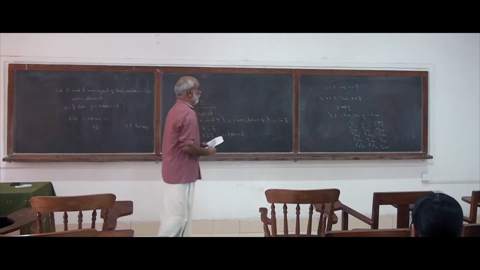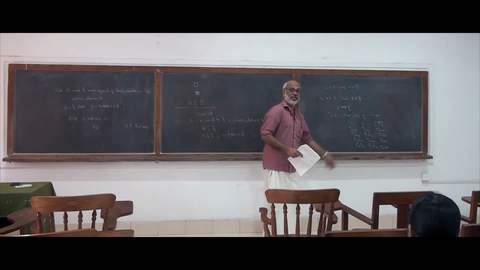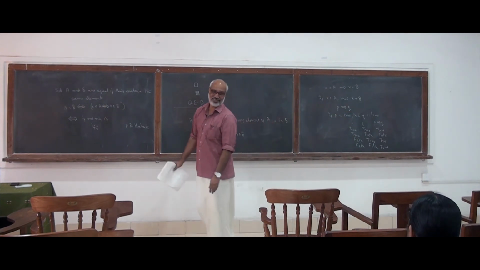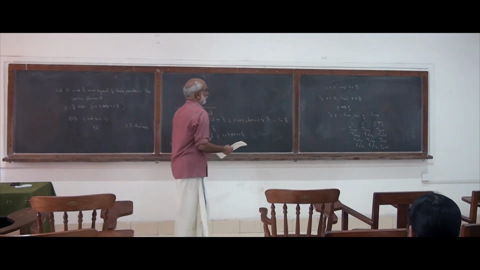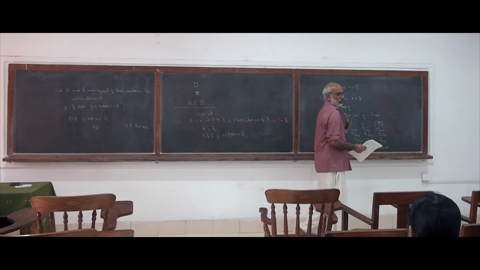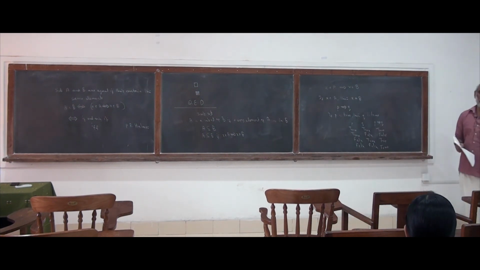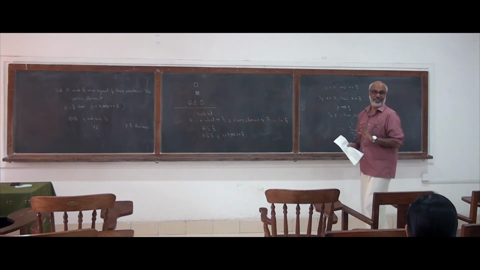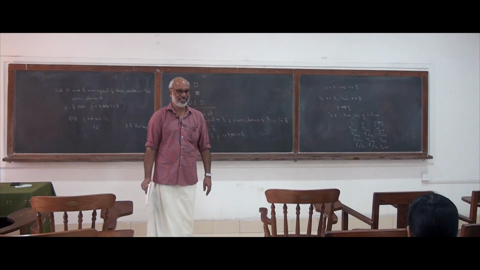That is only when P is true and Q is false. In that case, the statement is false. In all other cases, the statement is true. So P implies Q only means this. P implies Q does not mean that when P is false, Q is false. That is not implied by that.